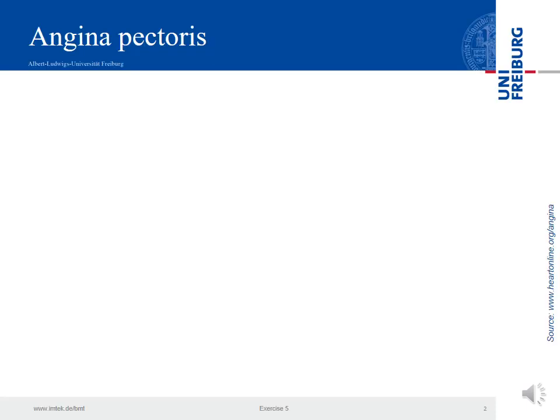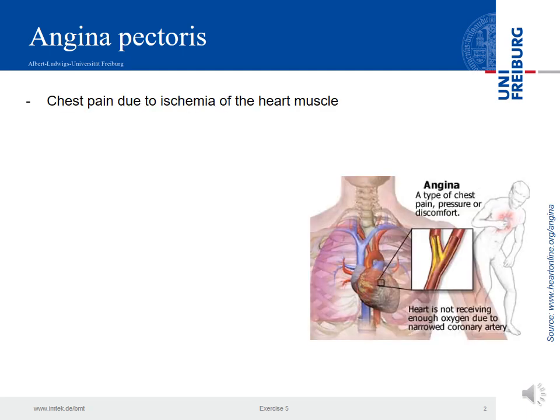So the invention of stents comes with a disease that is called angina pectoris, which is similar in symptoms to a heart attack. It's a burning pain in the chest.